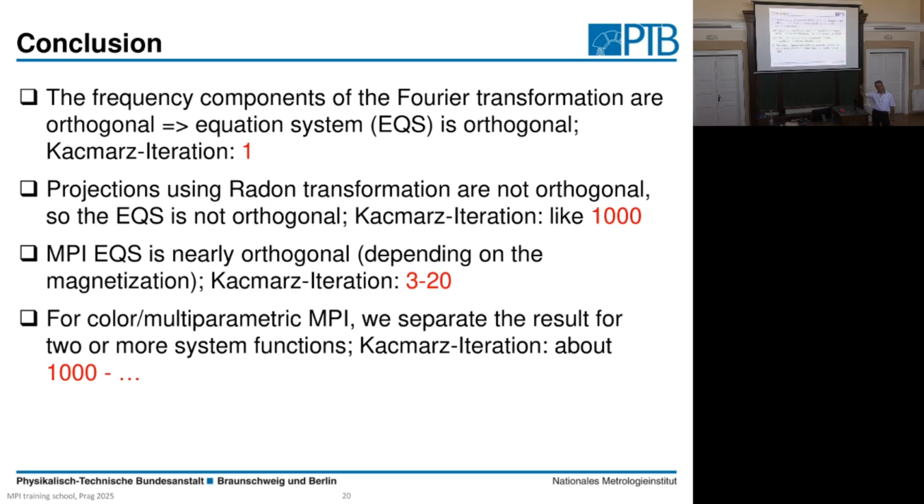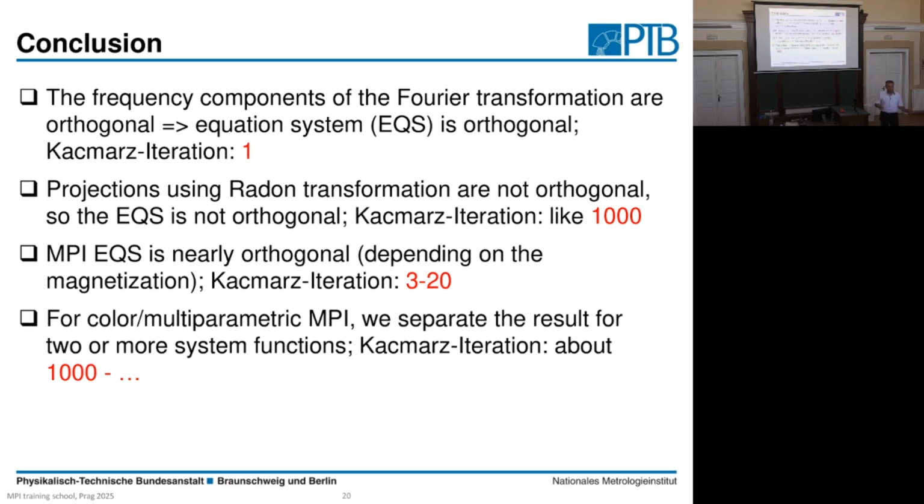It optimizes the first equation, then the second, and so on. And if they are independent, when the algorithm is working on the second, it will not change the result of the first one. But if they are not orthogonal, every step changes the equation that it has handled before. And if it is independent or orthogonal, it means one iteration is enough, you have the final result. In the case of Radon transformation, it's not orthogonal, so you need a lot more iterations.